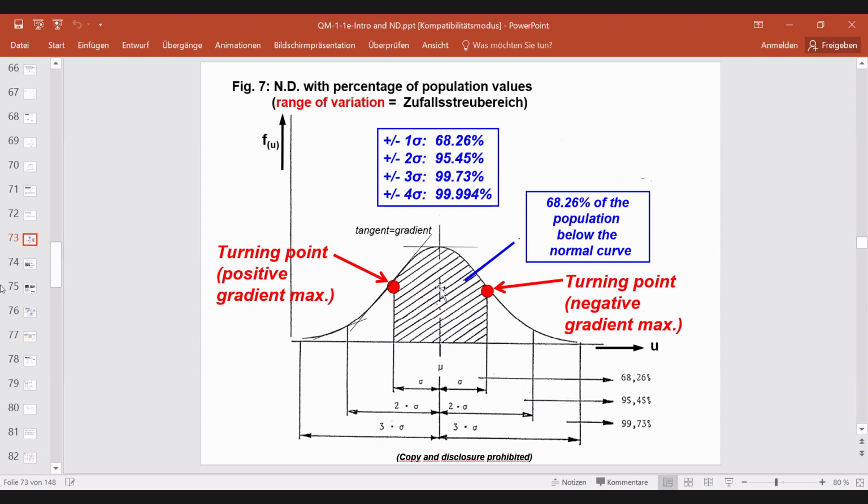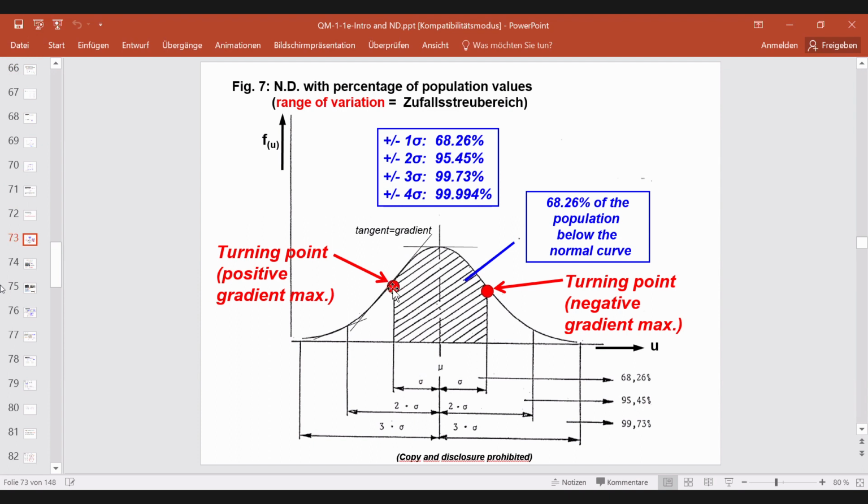Now the distance from the mu value, from the mean, to the turning point of the bell curve, this is 1 sigma. It is 1 standard deviation. And if you do this on the right side, these values are bigger than the mean. And on the left side, we have values lower than the mean.